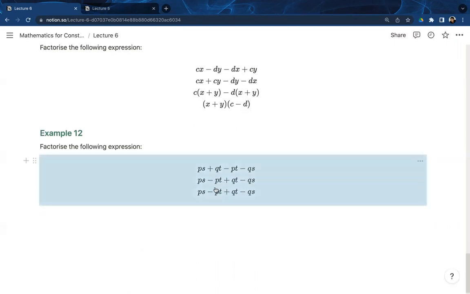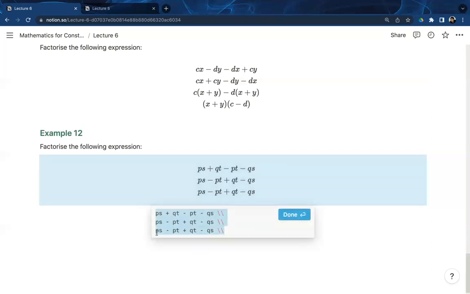So what I did was the negative PT, I put it here, and the positive QT, I put it third term. Now with the first two terms, I just factorize there. And I'm not even going to worry about these two terms.